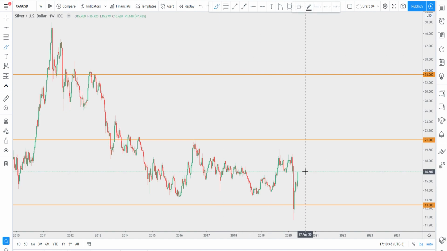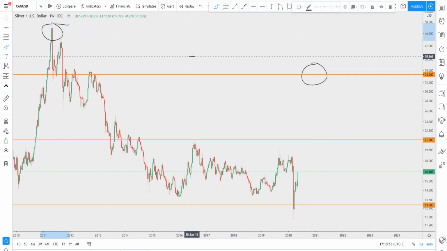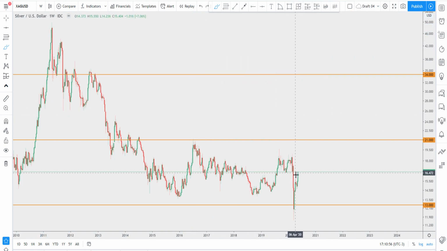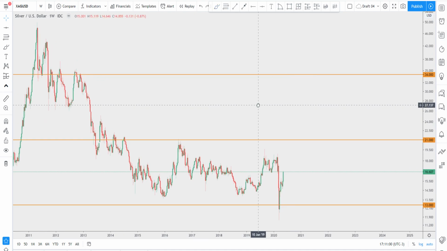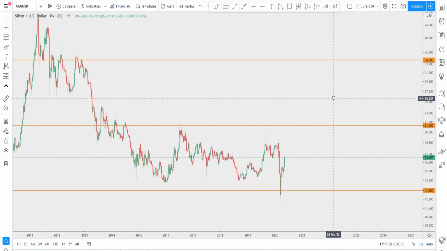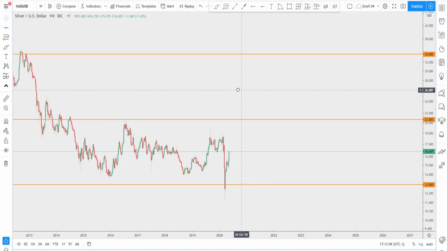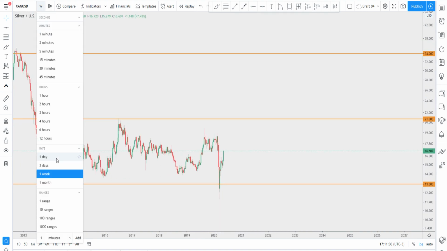Gold right now is around this level here, close to the previous all-time highs. So it's a matter of time before we catch up, and it's going to happen. I believe so. So let's go back to the daily.